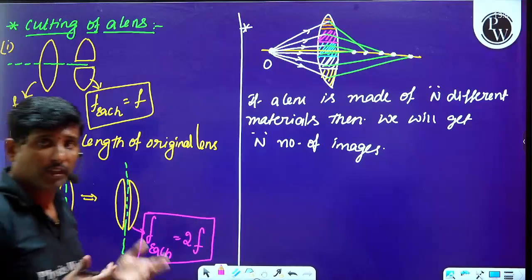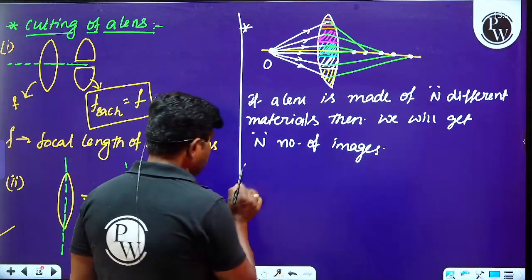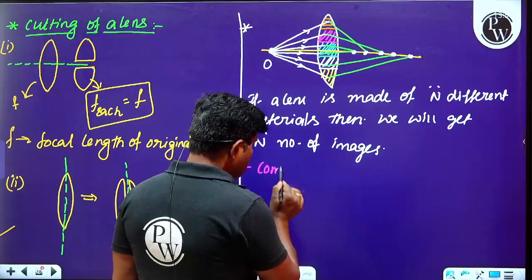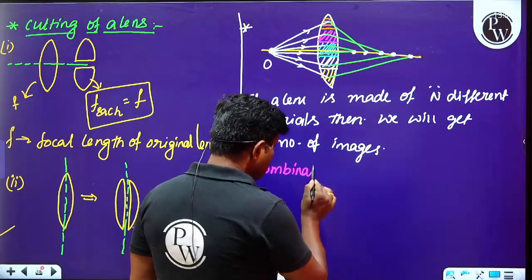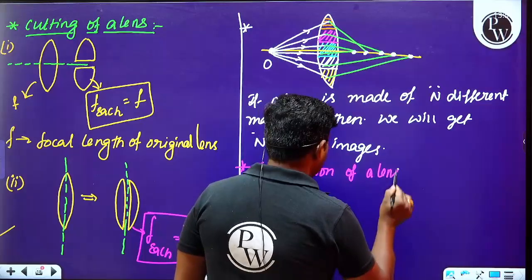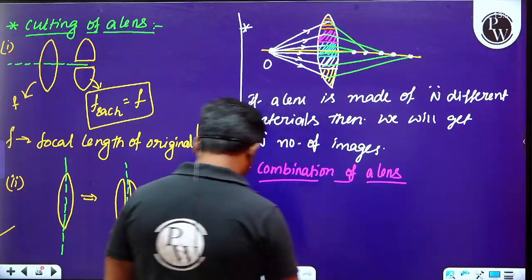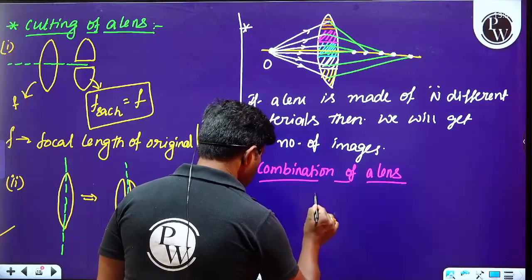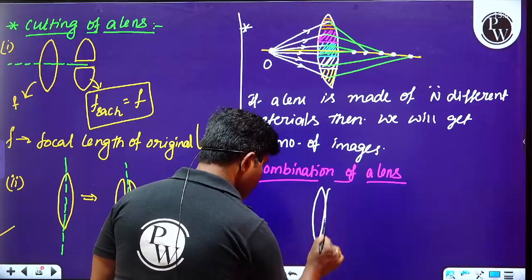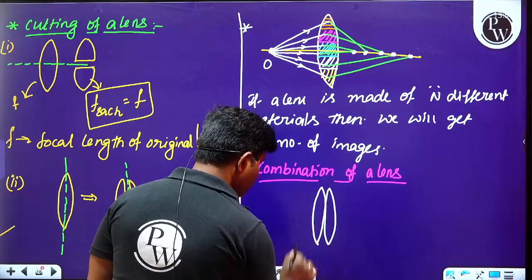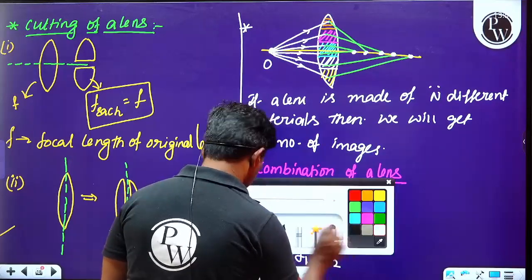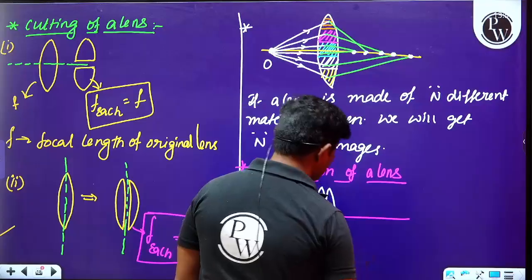Is it clear? So that is about the cutting of a lens and how a lens is made up of n different materials. Later we can move on to the combination of lenses. Observe this: whenever we consider two thin lenses placed in contact, let f1 and f2 be the focal lengths of the two thin lenses.